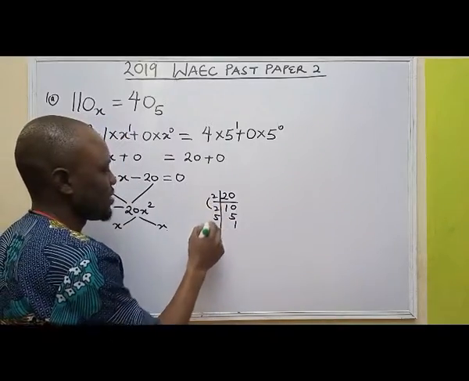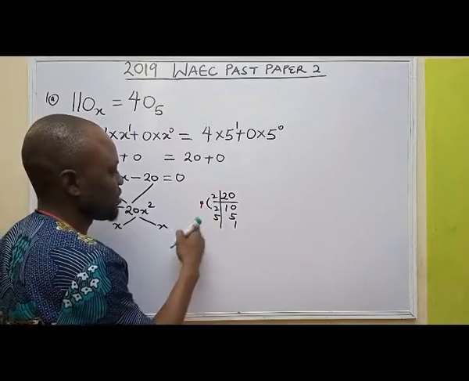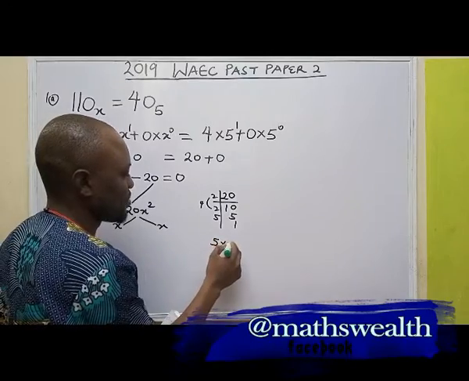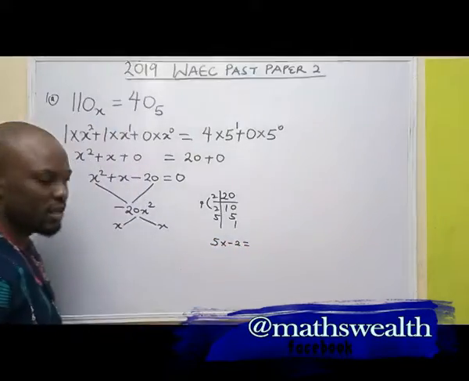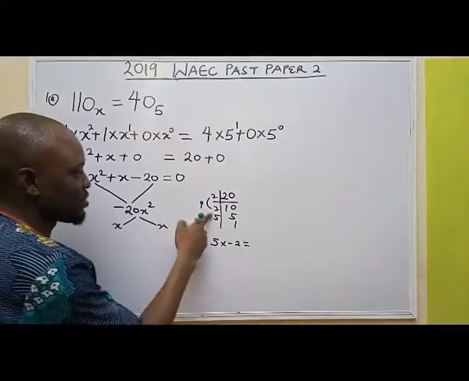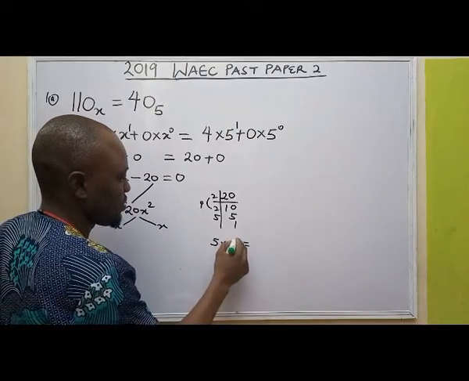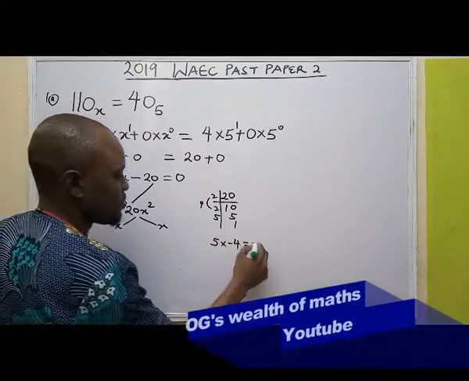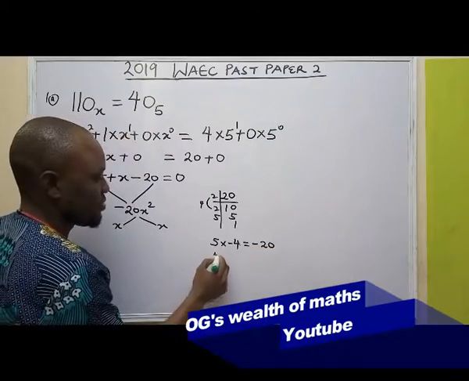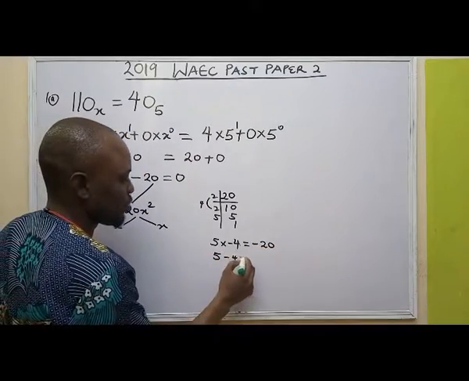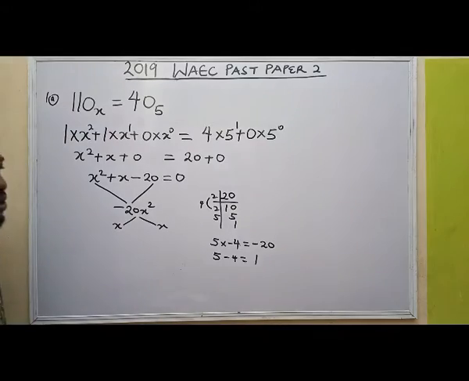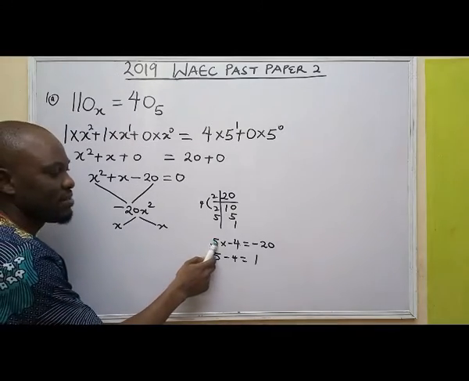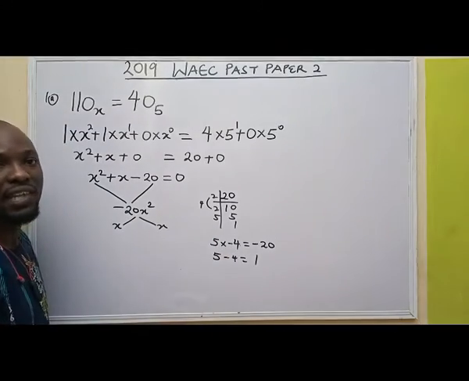So now this is 4, 2 times 2 is 4, and 5. So if I say 5 times minus 4, I'm going to get minus 20. 5 minus 4 will give me 1. So that shows that 5 and minus 4 are the factors.